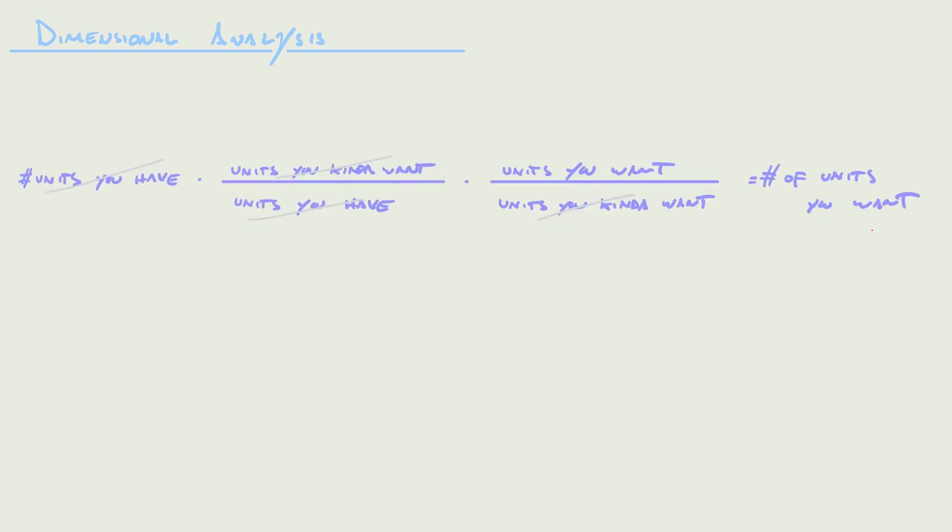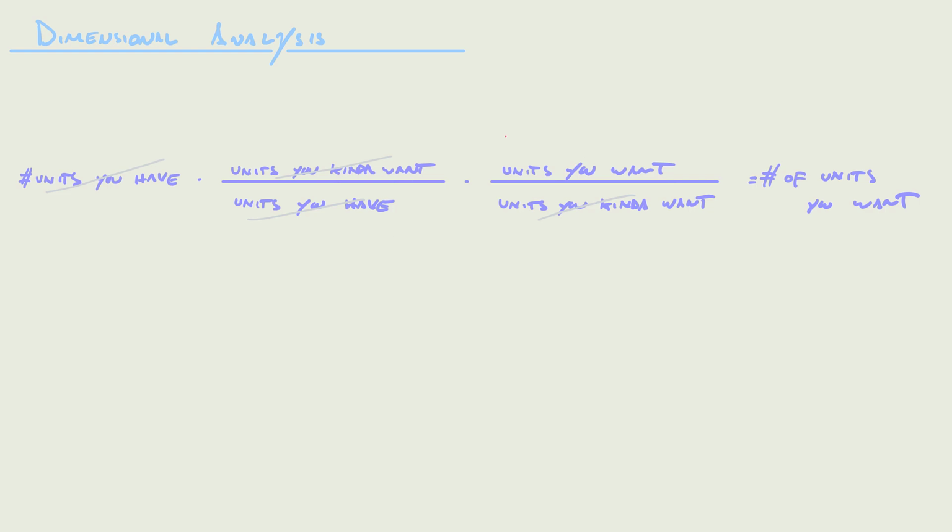And you can do this more than once. Like let's say you start with the number of units you have. You don't know the exact direct conversion ratio for the number of units you have to get to the number of units that you want, but you know these intermediary steps. Like you have units you kind of want over the units that you have, so you have this middle conversion factor here.